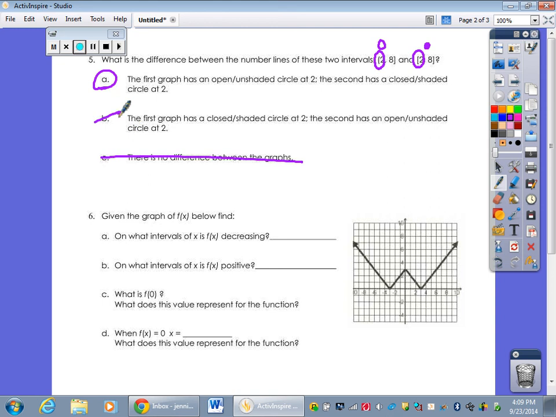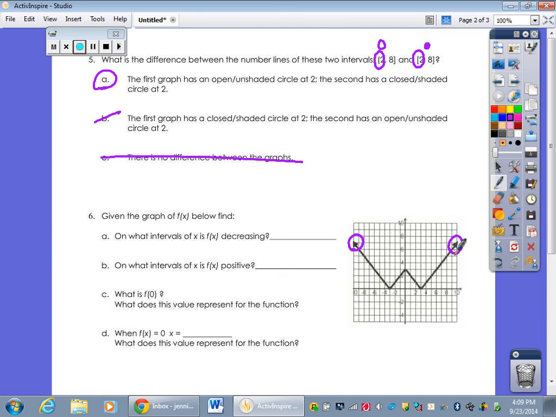All right, number 6, given the graph of f of x below, find on what intervals of x is f of x decreasing. So we're trying to figure out where is this graph decreasing as opposed to increasing. So if you notice, these are arrows.